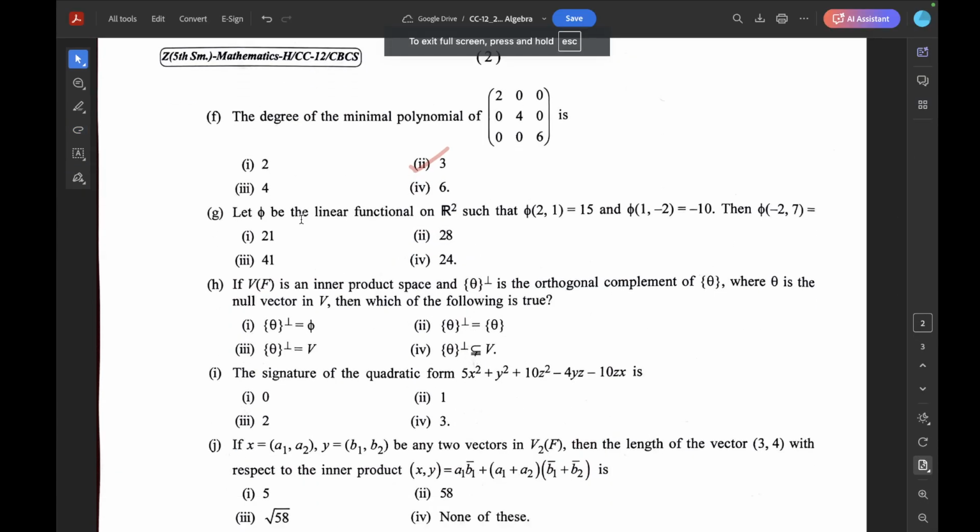Question G, let phi be the linear functional on R2 such that phi(2, 1) equals 15 and phi(1, minus 2) equals minus 10, then phi(minus 2, 7) equals what?